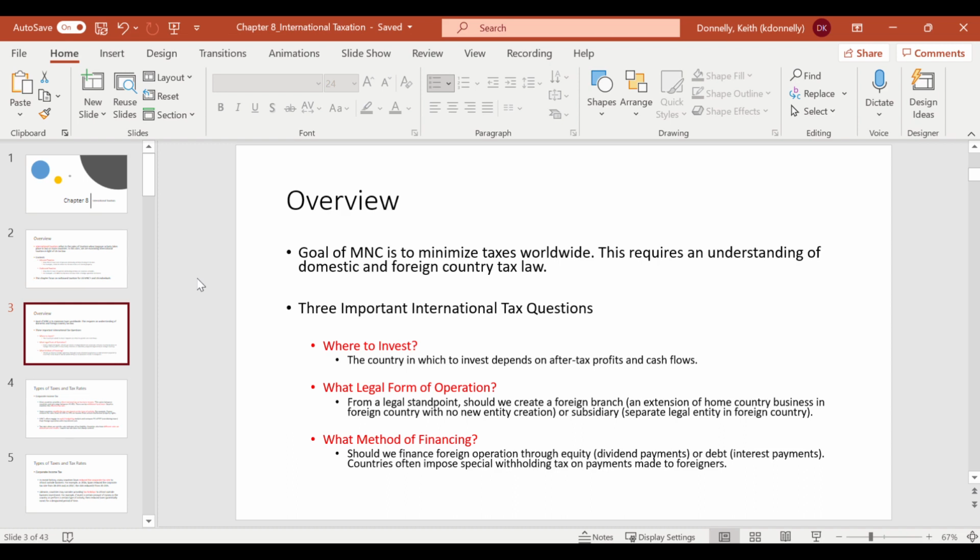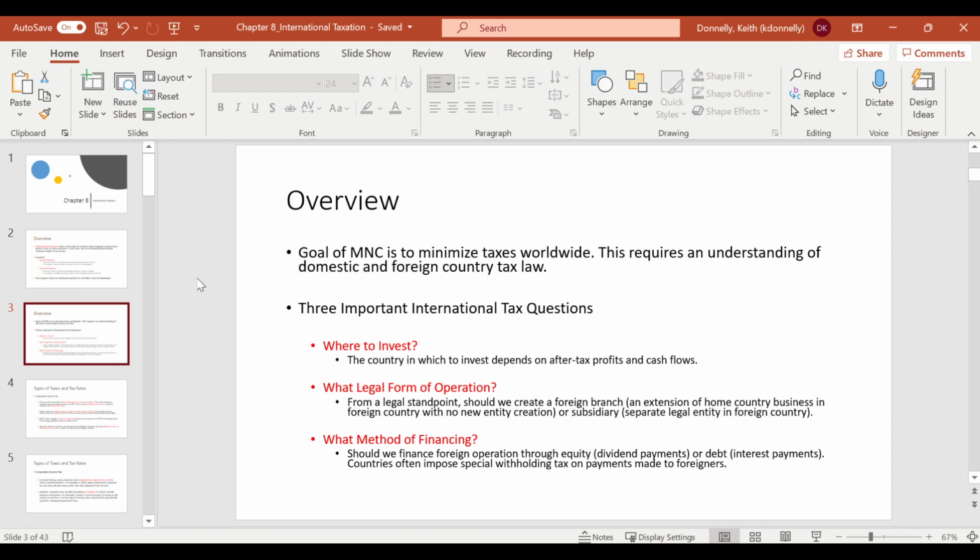Let's say you're a US-based MNC and we have excess money, and we're looking to grow our operations. First question would be, where do we want to invest? What country makes the most sense to take this money we're sitting on and go build a factory and grow? What country should we invest in?